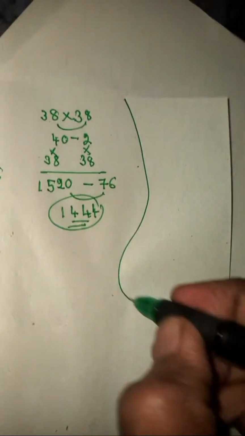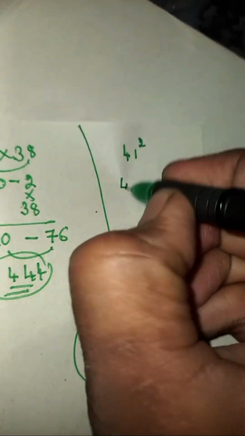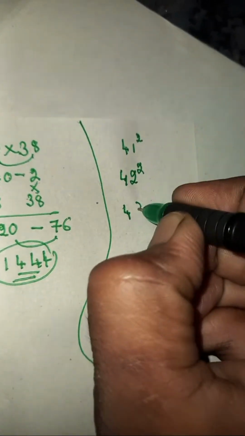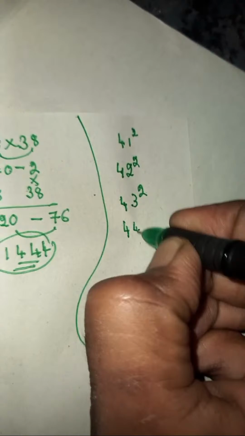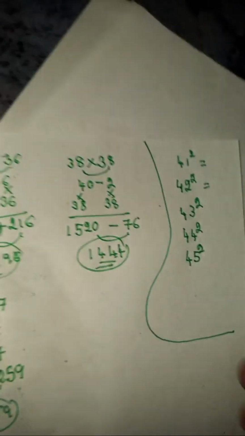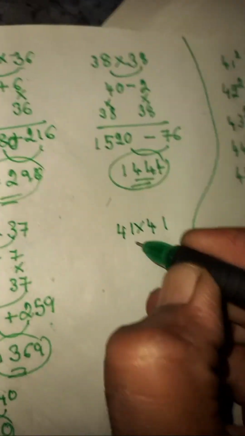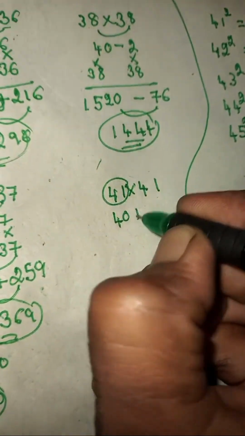Let's do some more problems. Here let's do from 41 square to 45 square. 41 square, 42 square, 43 square, 44 square, 45 square. Here also you can do 41 square is 41 times 41. Here 41 split as 40 plus 1.